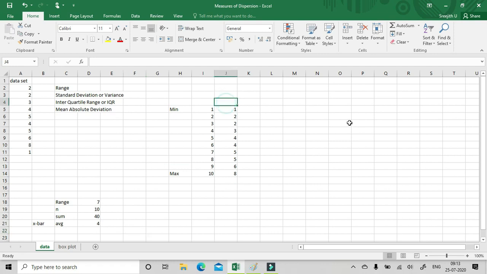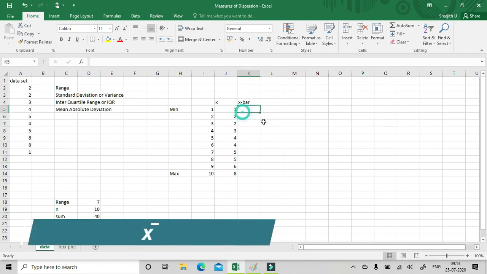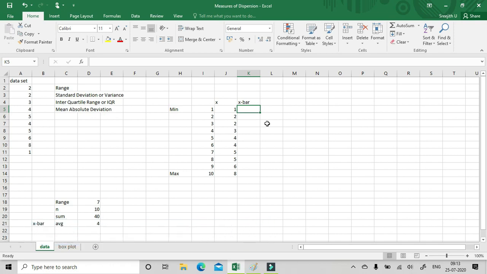Let's call this x, and let's call x bar here. Please remember that even though I write it as x bar here because of the Excel sheet, typically it is an x with a bar above it. When you write it, it's x with a dash on top, denoted as x bar.